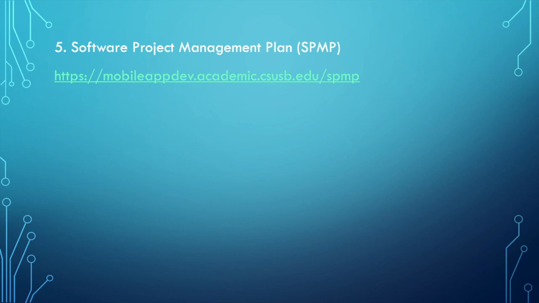So I'd like you to start writing this software project management plan. I'd like to specify that the software project management plan is the responsibility of the project manager and the assistant project manager only.